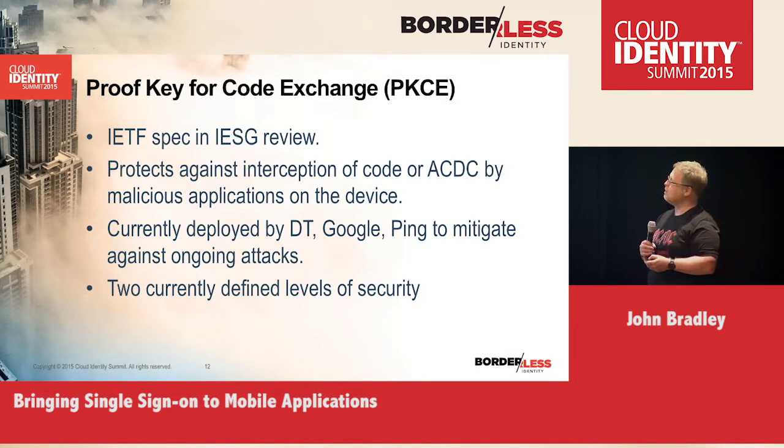We have two levels of security. One is a plain transform, which is essentially, because it's the callback to the app that normally gets intercepted, you don't really need to protect the request. In ACDC, we require you to use the SHA-256 transform, which protects both the request and the response.